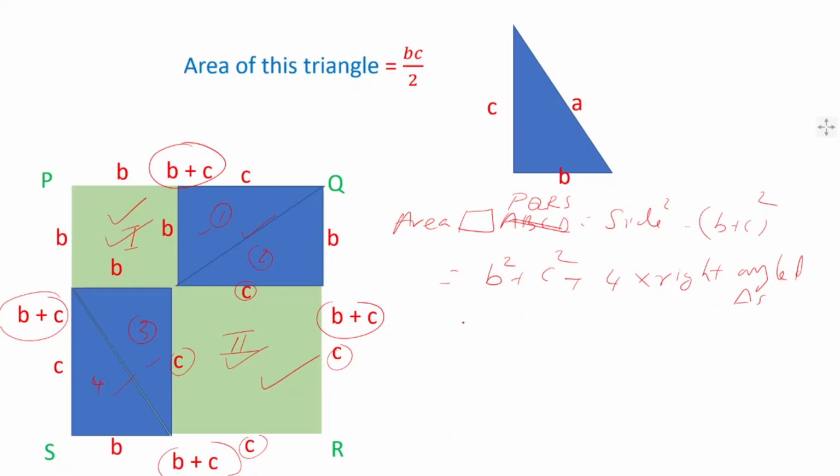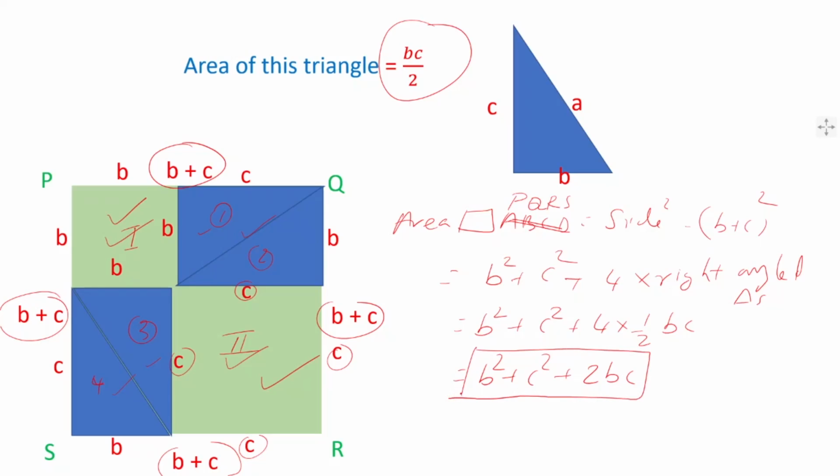In that case, I have to write B square plus C square plus 4 into, we know the area of this is equal to BC upon 2 or half BC. Correct? This is equal to B square plus C square plus 2BC. So we got two different equations in different situations to calculate the area of the square.